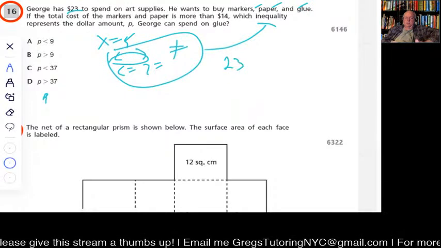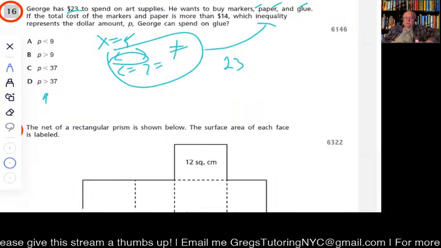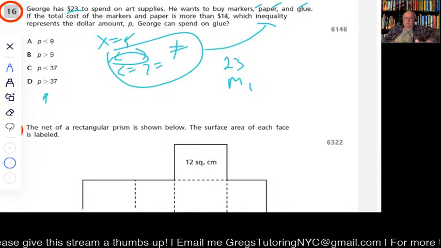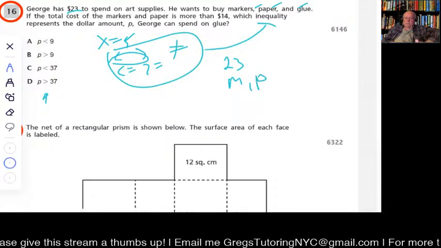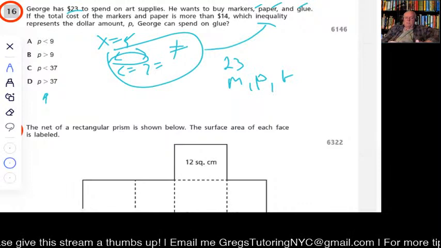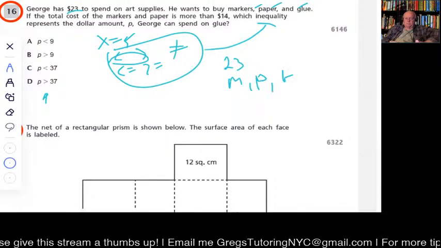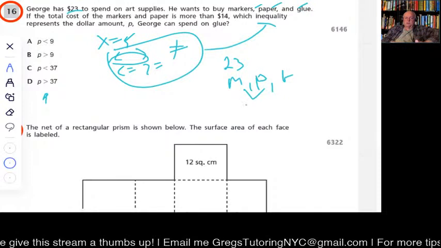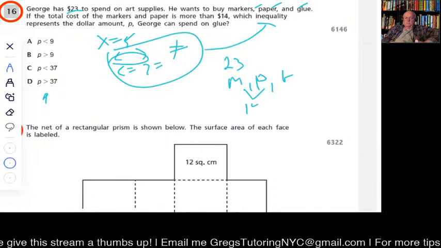He wants to buy markers, paper, and glue. If the markers and the paper cost more than $14, right?